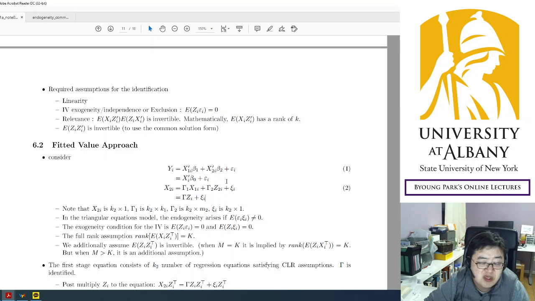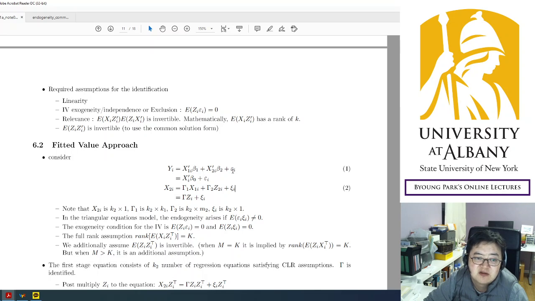So then we have the triangular equation system. And remember, epsilon is one-dimensional, but psi here is still k2 by 1 dimension. But the idea is the same. We have an endogeneity problem because epsilon and psi are correlated. Some elements of psi are correlated with epsilon.